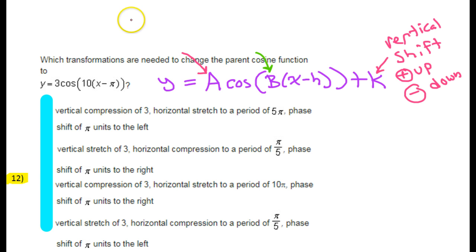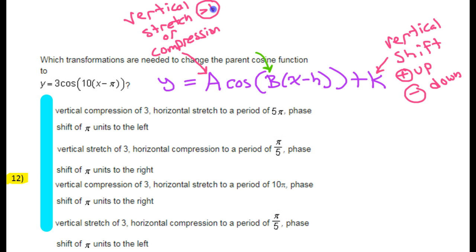This a value is a vertical stretch or compression. It's going to be a stretch if the number is bigger than 1, and it's going to be a compression if the number is less than 1. Like if this was 1/2, then it would be a compression.